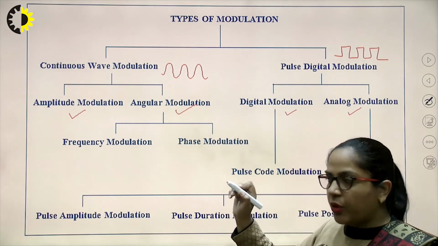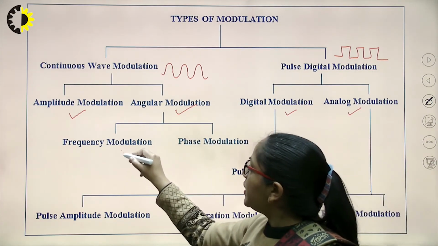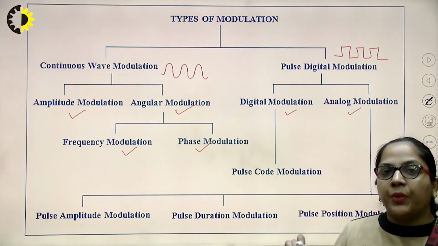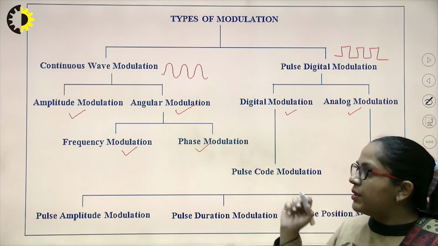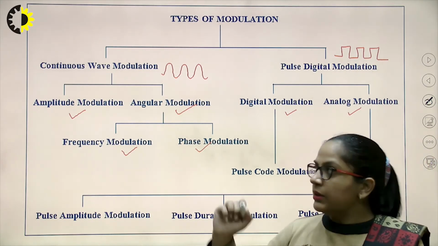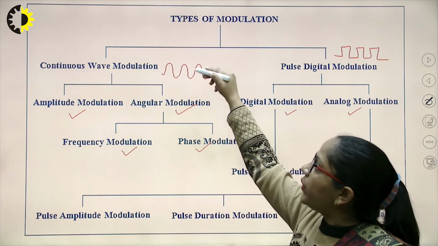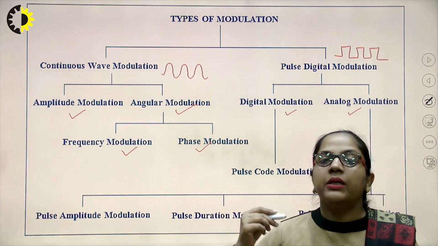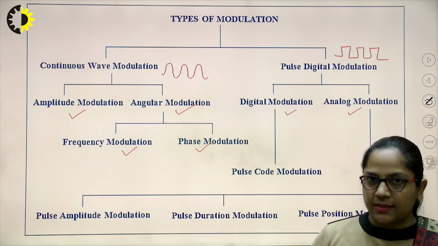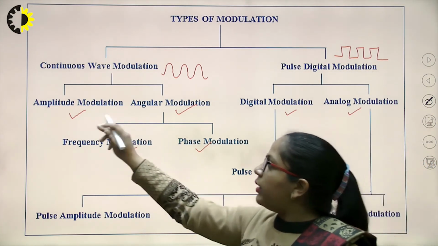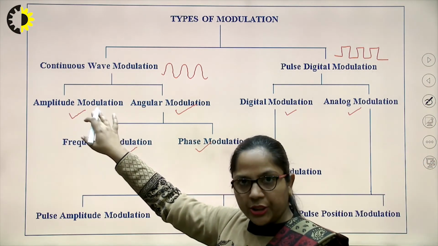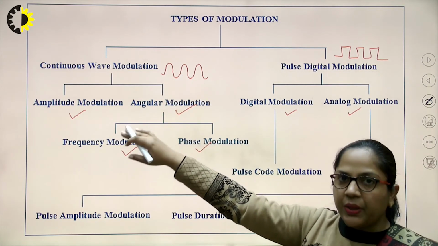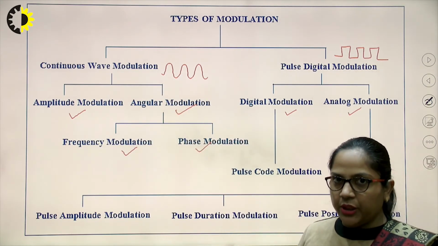Under angular modulation, we have frequency modulation and phase modulation. What is amplitude, phase and frequency modulation? If the amplitude of this high frequency carrier wave varies according to the instantaneous value of the message signal, then it is called amplitude modulation. If the amplitude of the carrier signal is varying, then simply it is amplitude modulation.